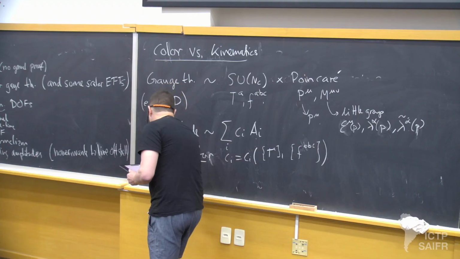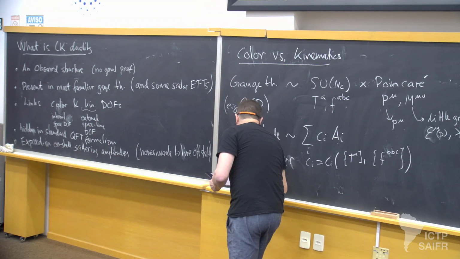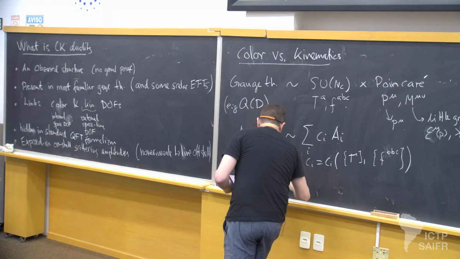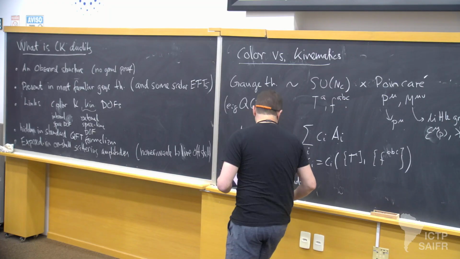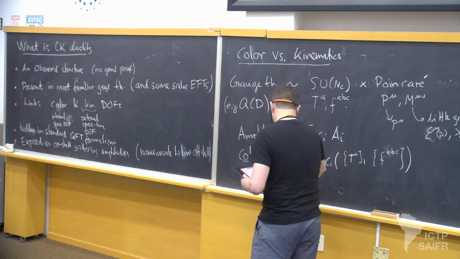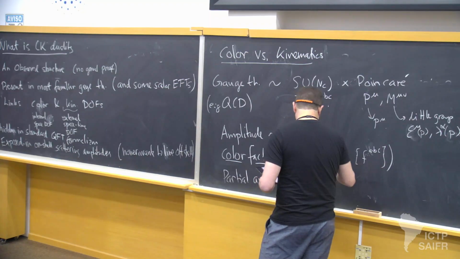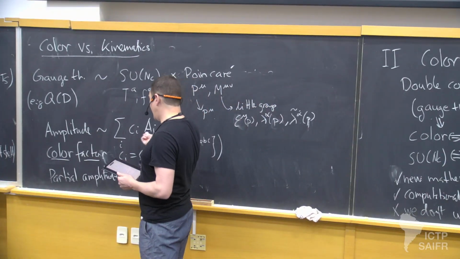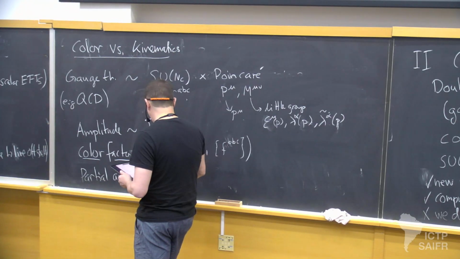And then you have some partial amplitude, which in the general meaning you can just define to be the coefficient in front of each color factor, or vice versa, the color factor is the coefficient in front of the partial amplitude.